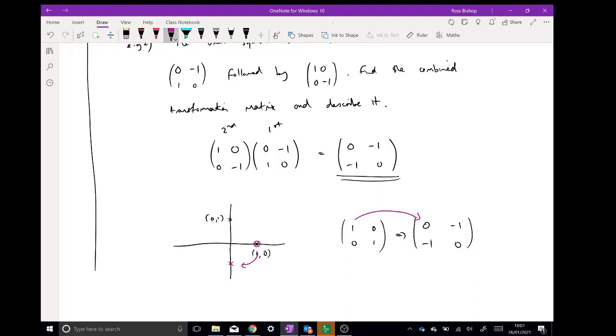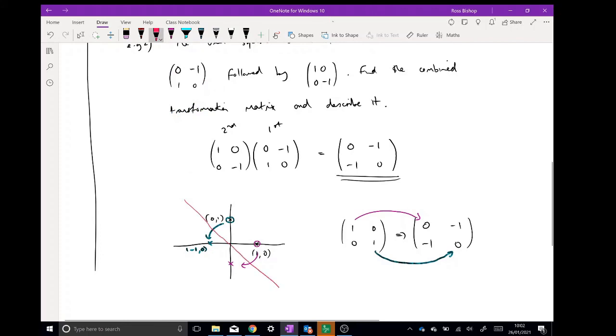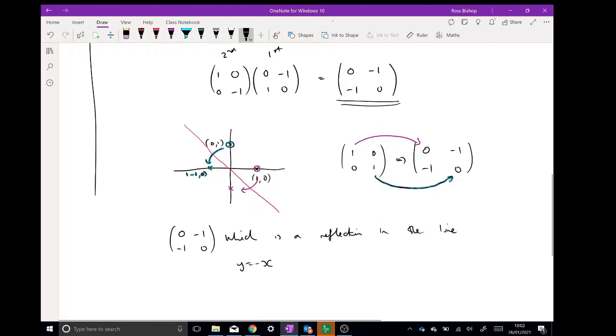And the other point, this point goes to minus 1, 0. Now I've got to just think, what is the transformation that moves that point to that point? And you'll see that it is a reflection in the line. So this is the answer for the description. So 0, minus 1, minus 1, 0 is the combined transformation, which is a reflection in the line y equals minus x, and that would be my answer there.